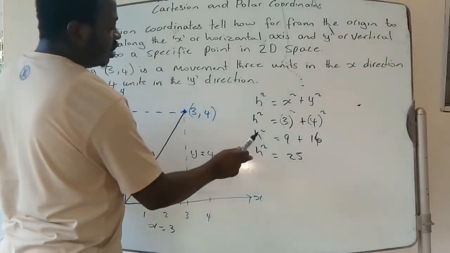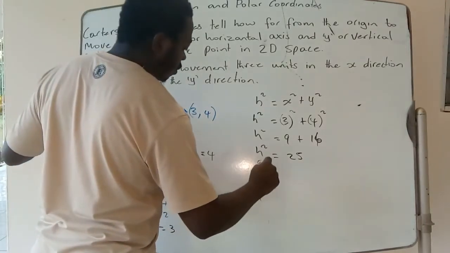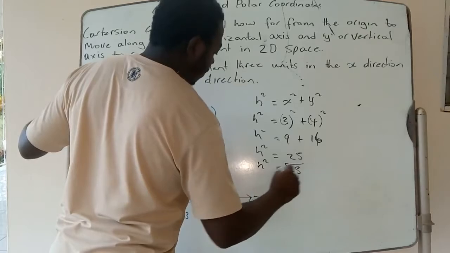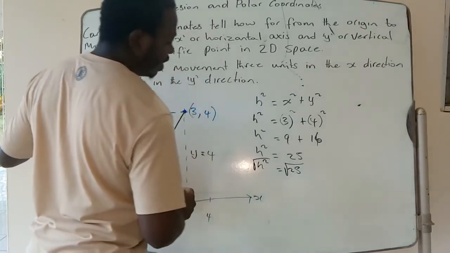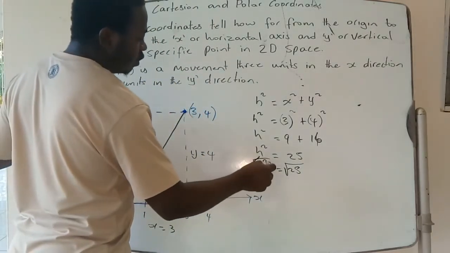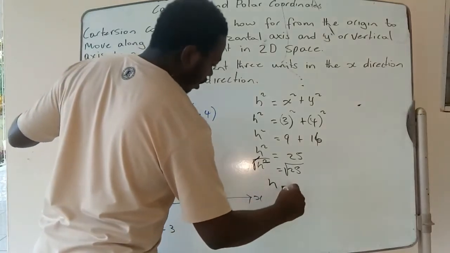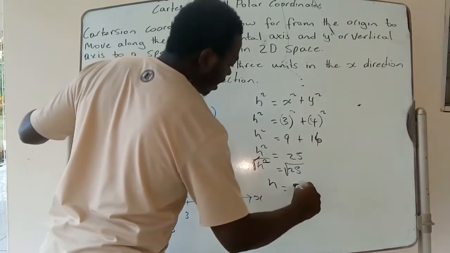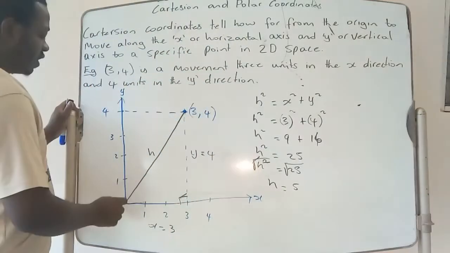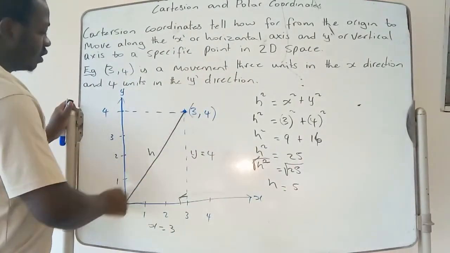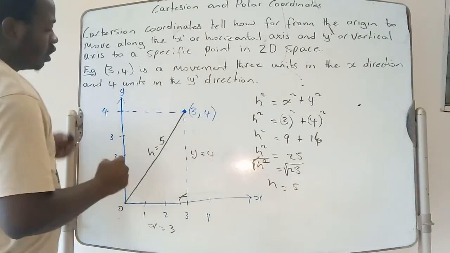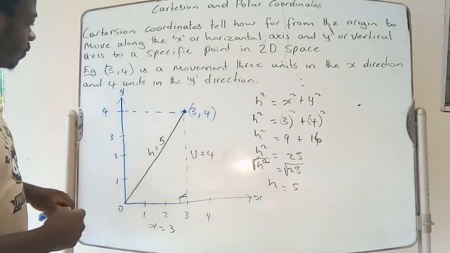To find h, you take the square root of both sides. The square root cancels out the square, so h is equal to the root of 25, which is equal to 5 units. So this length here will equal 5 units. Right?